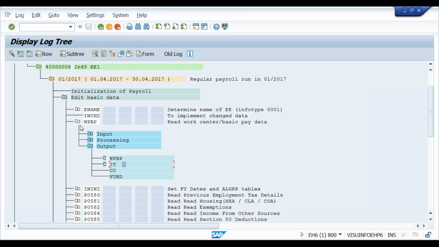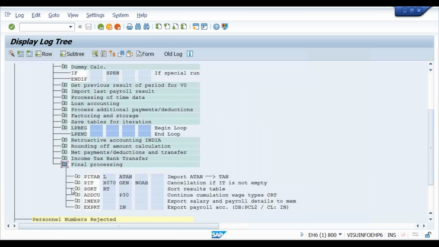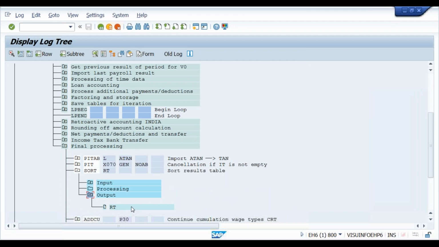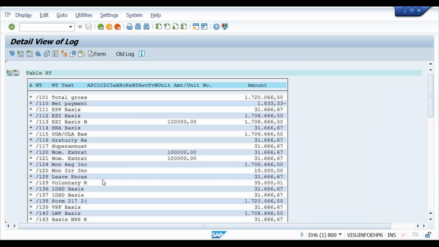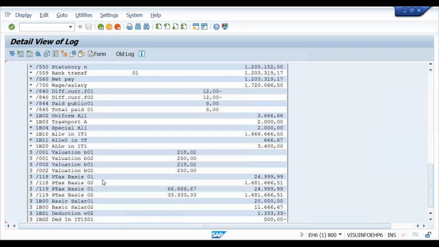But once all the valuations are done, I'm not explaining the proration; my point is not to explain the proration now. I want you to understand what a split is and why the split is required. If you look at the final RT table, you see basic salary is prorated and this is also prorated.